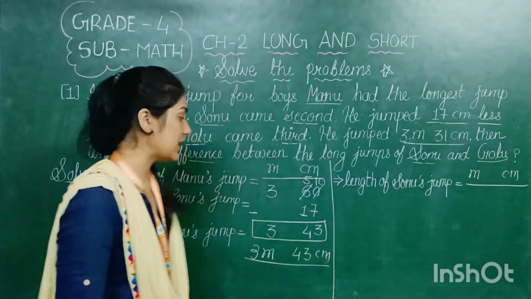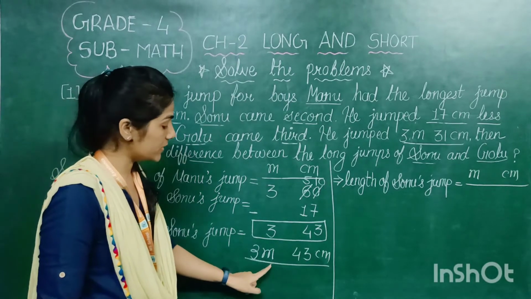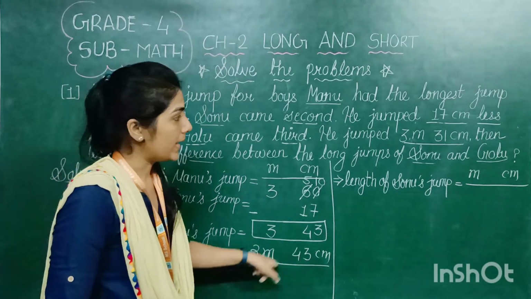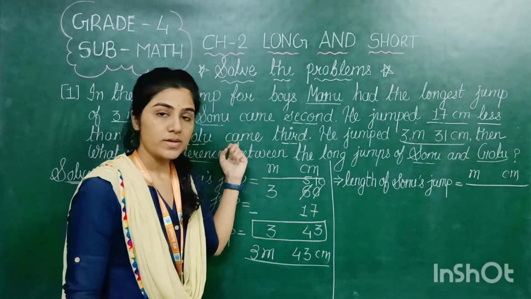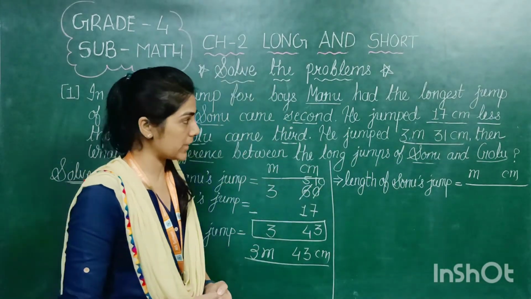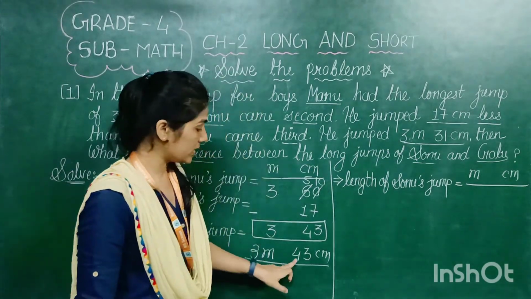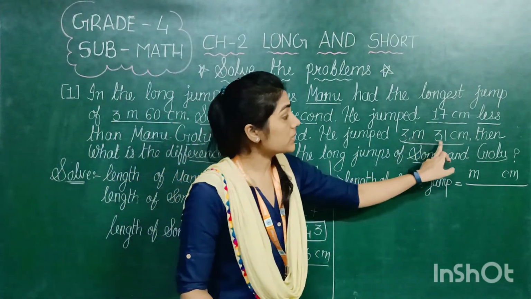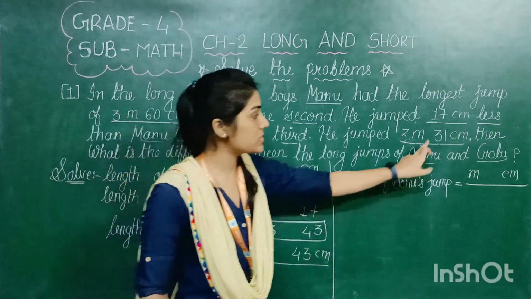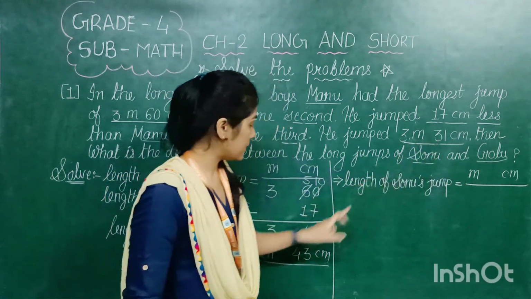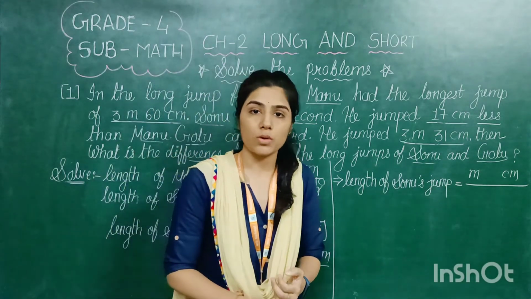Just now we found the jump of Sonu, and we have the jump of Golu. So which is bigger of these two? 3 meter 43 centimeter, 3 meter 31 centimeter. This is 43, this is 31, so Sonu's jump is bigger.